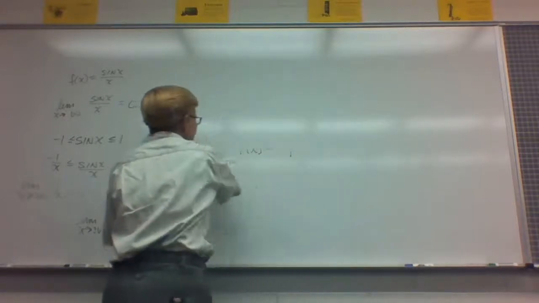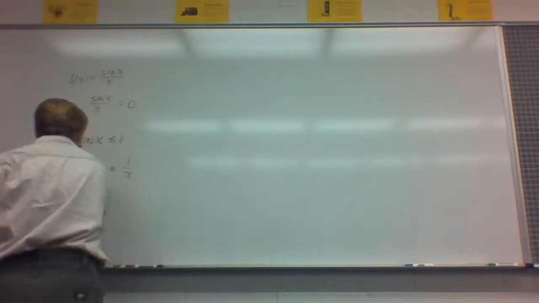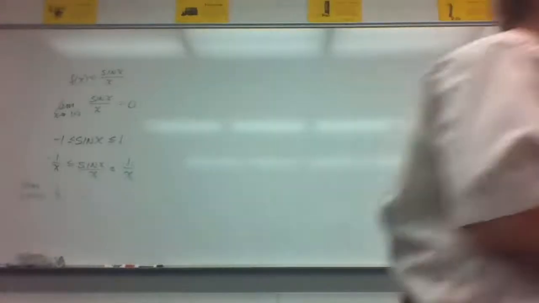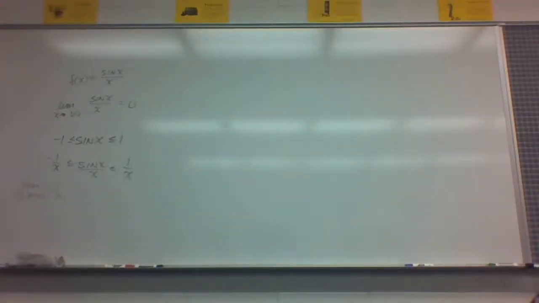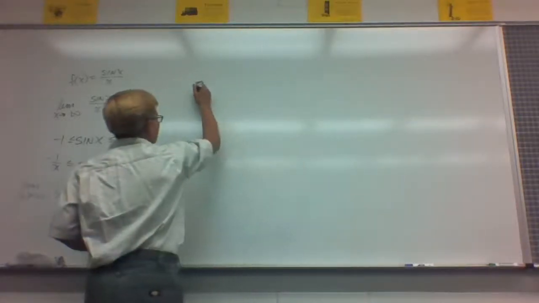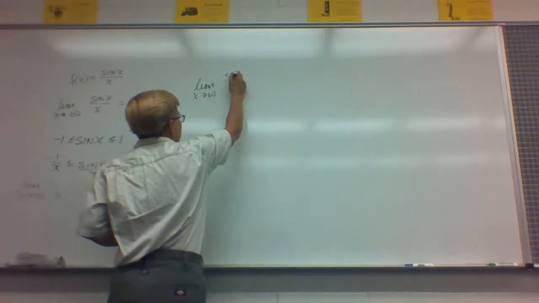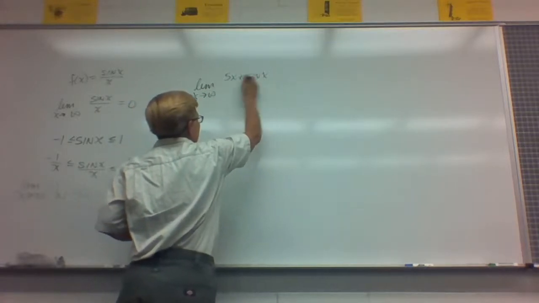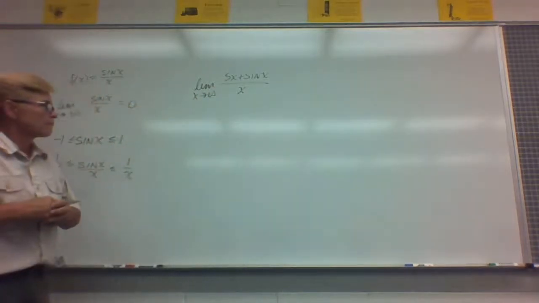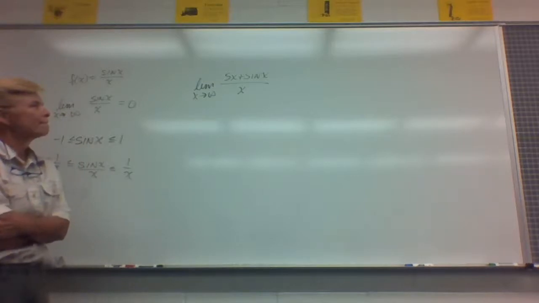And on all of these limits, it's really a good idea to think about what may happen as x gets large. Think about what the limit's going to be in a reasonable way, in a rational way, before you try to do anything algebraic, so you know what to expect. The limit as x approaches infinity, 5x plus sine x. Think about what happens as x gets really, really large.